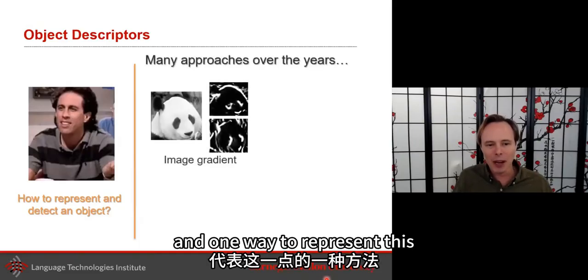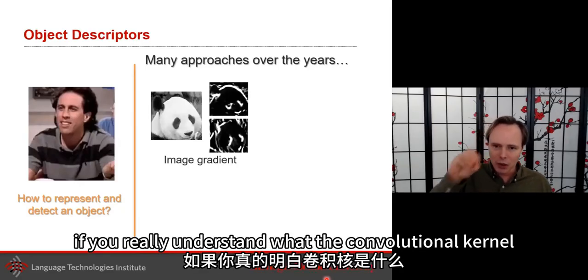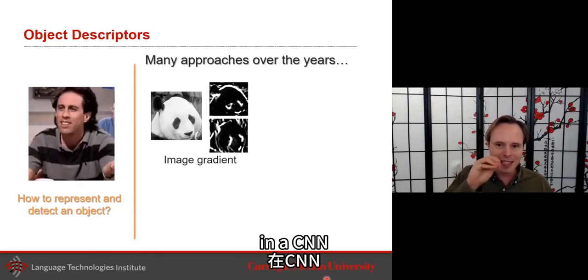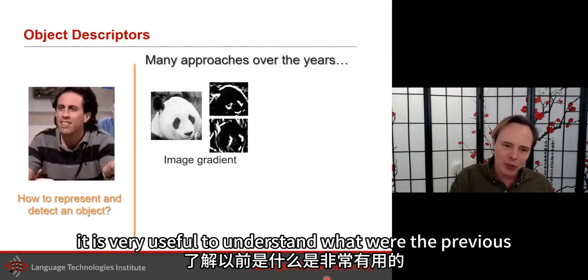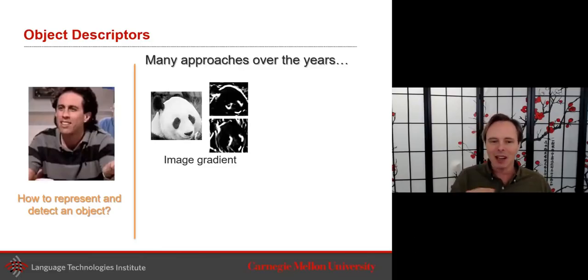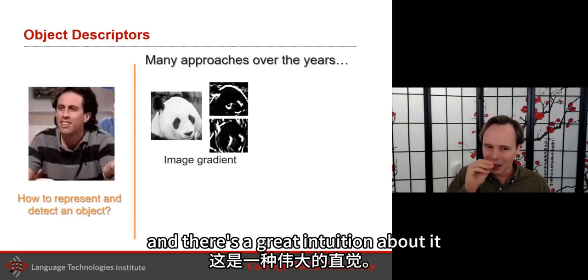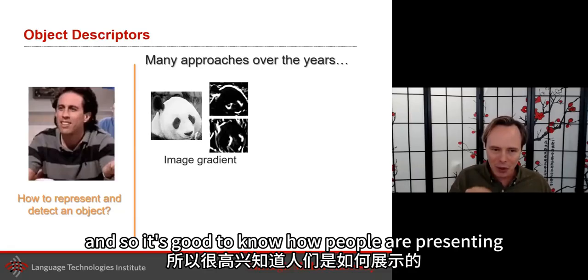And one way to represent this, and I think it's important because if you really understand what the convolutional kernel in a CNN does, it is very useful to understand what were the previous ways images were represented, because these kernels do something very specific, and there's a great intuition about it. And so it's good to know how people were representing.